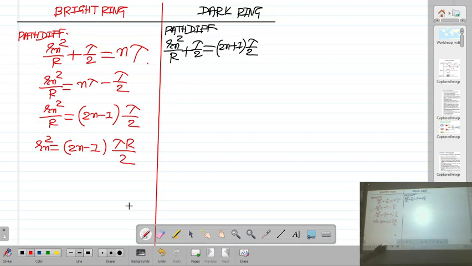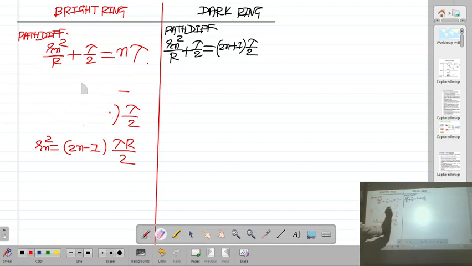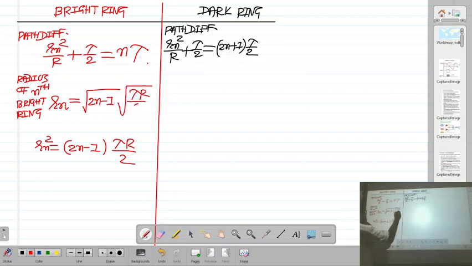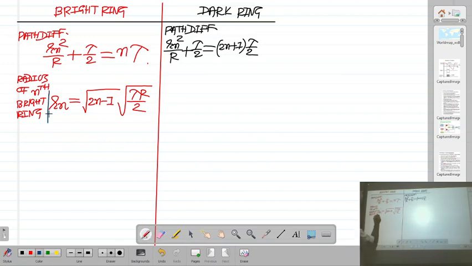Therefore, if I take the square root on both sides, the radius of the nth order bright ring Rn is equal to the square root of (2n minus 1) into the square root of lambda R by 2. So this equation gives the radius of the nth order bright ring.